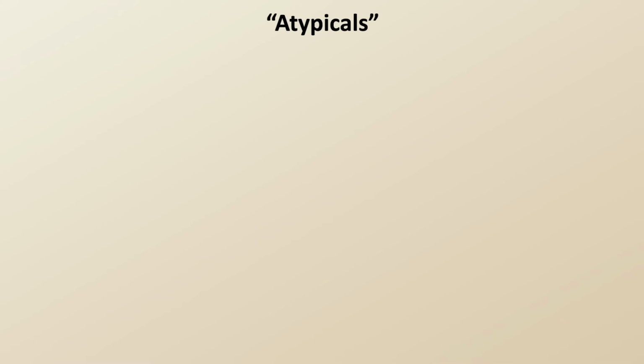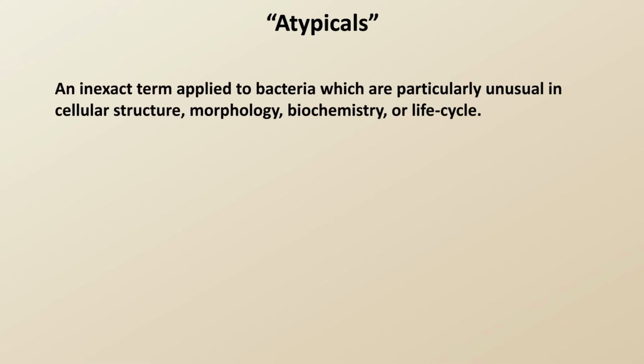Finally are the so-called atypical bacteria. This is an inexact term applied to bacteria which are particularly unusual in some way or another, usually in cell structure, morphology, biochemistry, and/or life cycle.